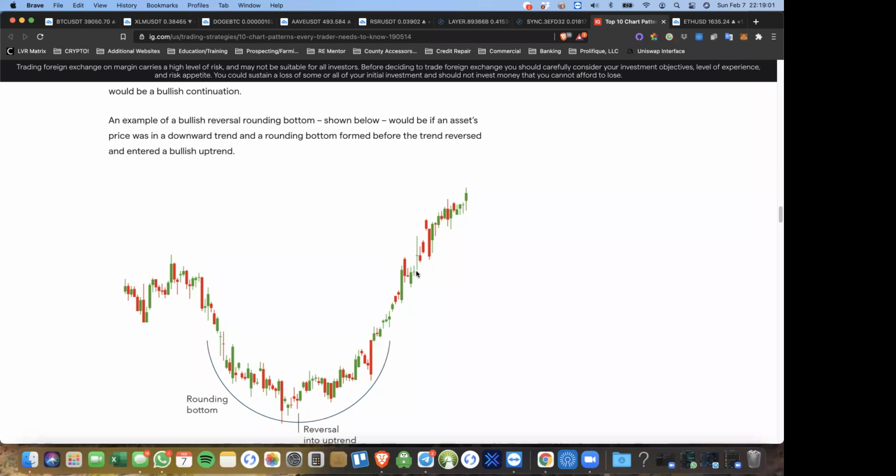Well, the rounded bottom up to a certain point, if it will continue down, but see where it says reversal into uptrend, that's like the make or break point right there directly in the middle. If it continues down, it's going to continue down, but if it does come up with a couple more candles going in the up direction, usually it changes that direction.